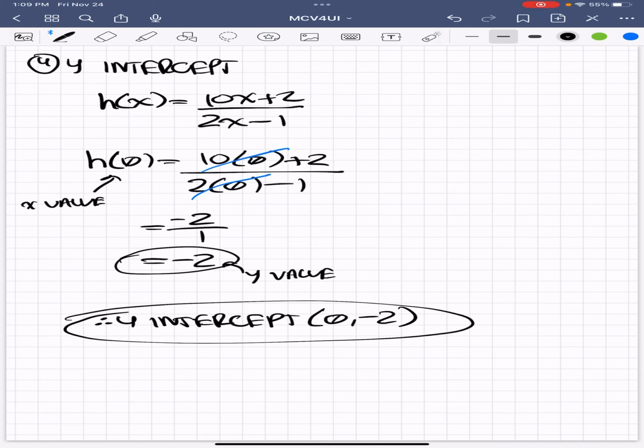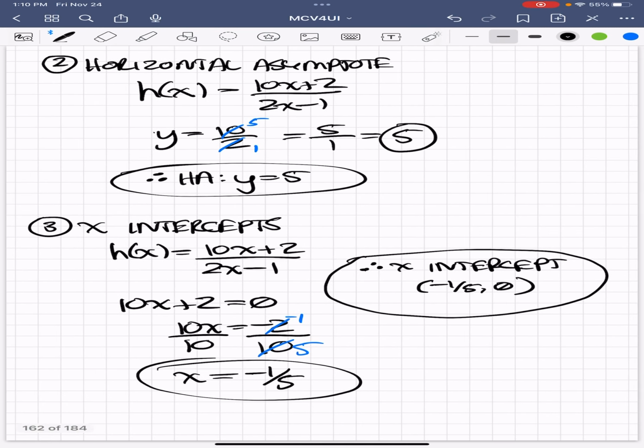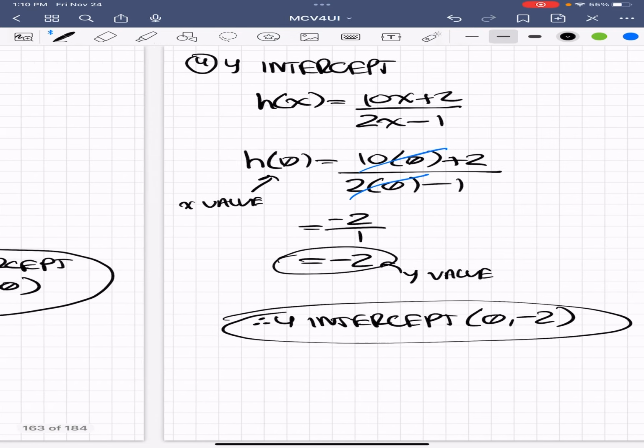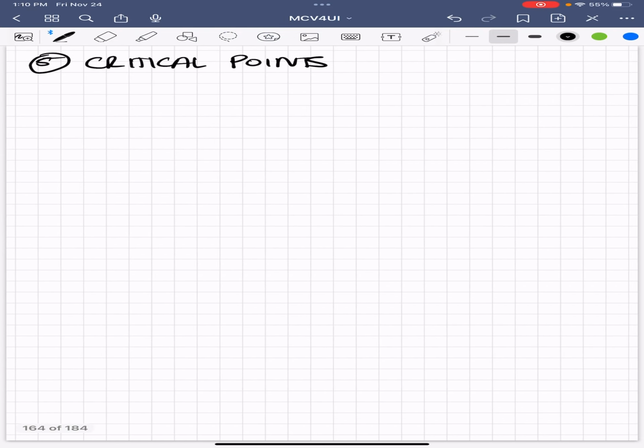So the y-intercept would be in brackets 0, comma, -2. And the x-intercept would be -1 over 5, comma, 0. So we have the x-intercept and the y-intercept.